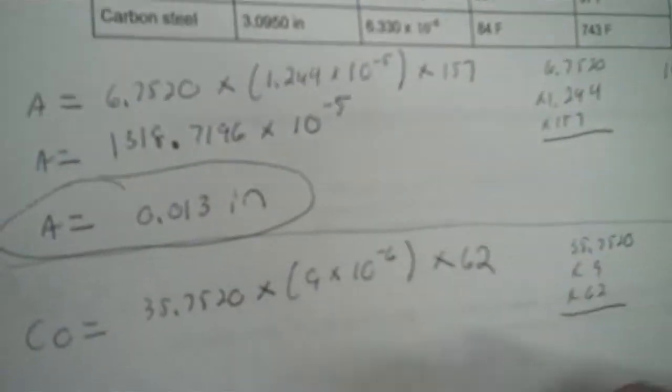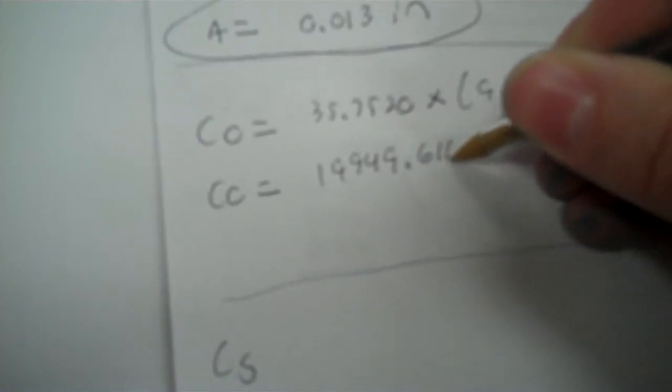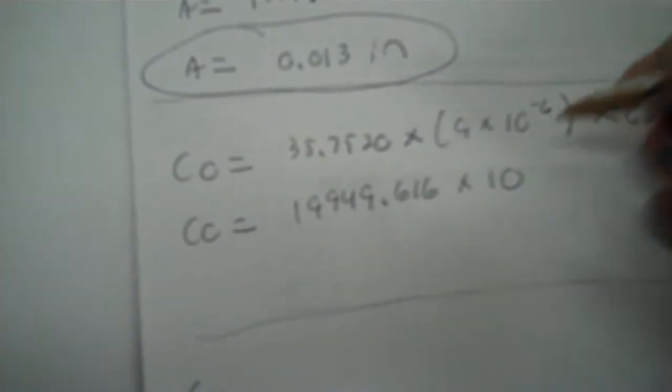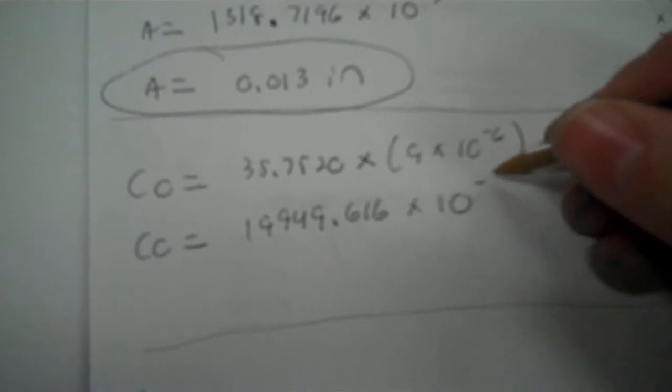So 35.7520 times 9 times 62. CO equals, and I'll write that whole thing. Remember, I know it says round to 3 digits, but don't do that until you're ready for your final answer. 19949.616 times 10 to the power of negative 6.